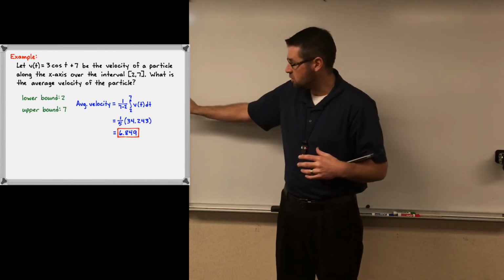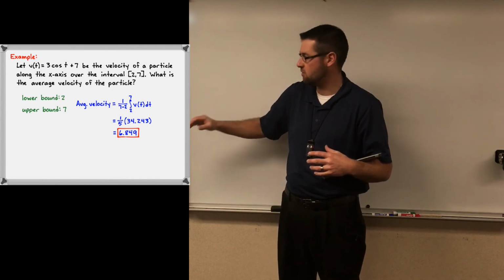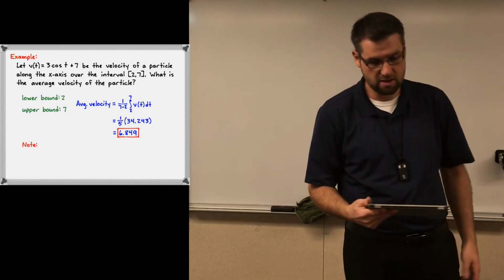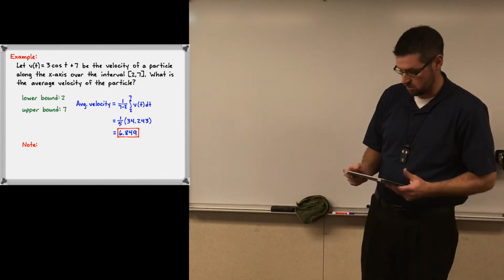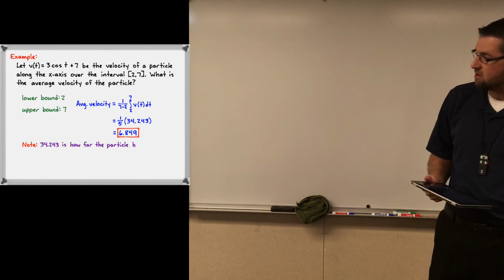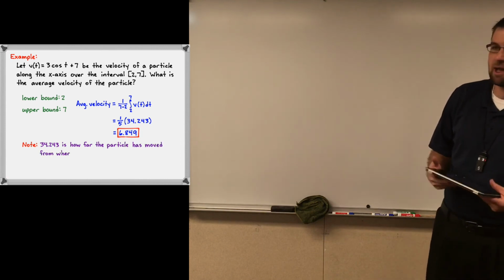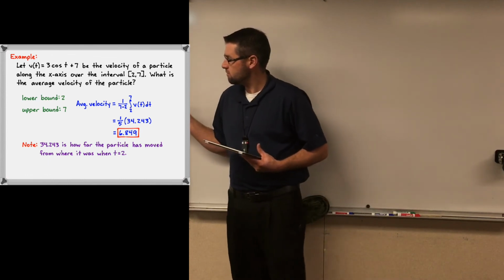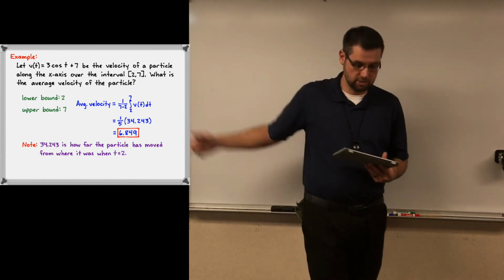And so that 34 represents the distance it traveled, and the 5 represents the time. You guys okay with that? That's all this is saying, okay? The 34.243 is the distance traveled, and then the 5 is the time. And the 5, how did I get the 5? I take the upper bound minus the lower bound.